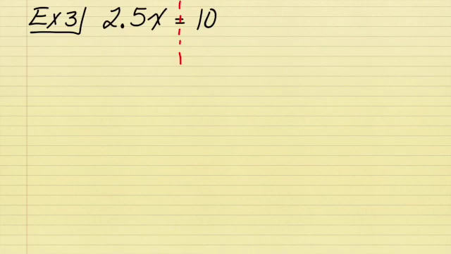Right now, it's 2.5 times x, and the opposite of times is divide. Remember, we have to use our division fraction bar. And I'm going to use the same number they use, which is 2.5. I'm going to copy what I just wrote on the other side of the wall. Divide by 2.5. And just like before, my opposites cancel out. So times 2.5 and divide by 2.5 goes away.